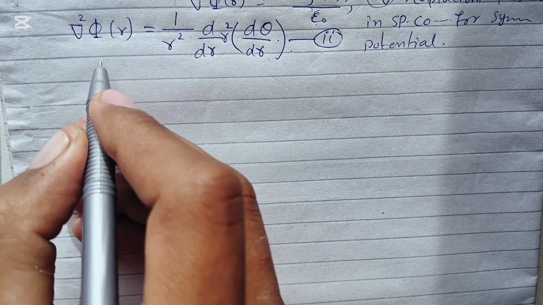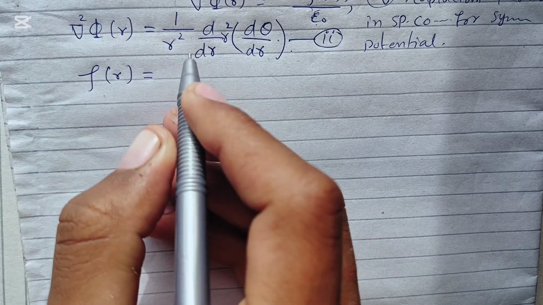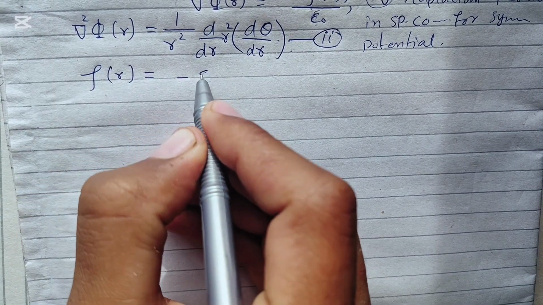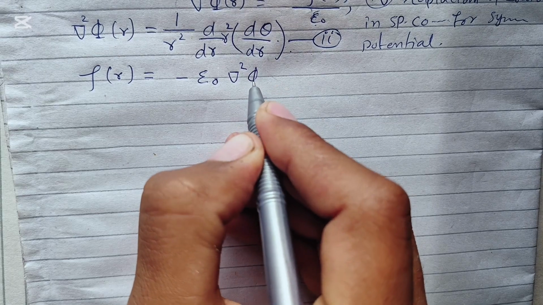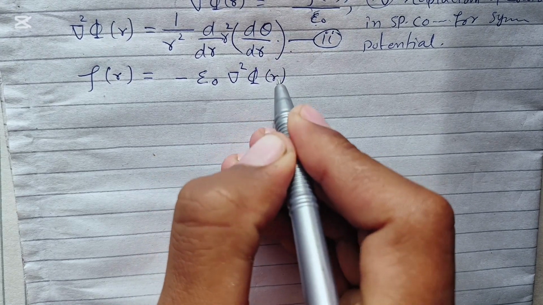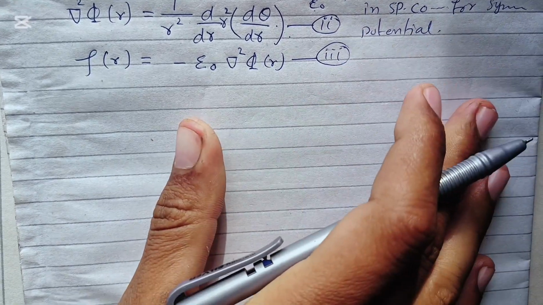Now this will become rho of r equals minus epsilon naught del square phi of r. This is equation 3.